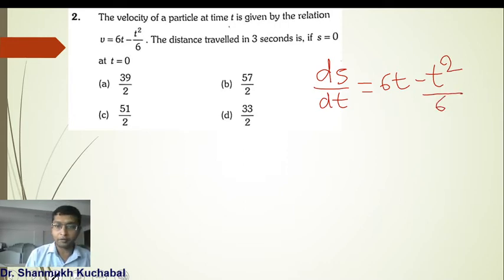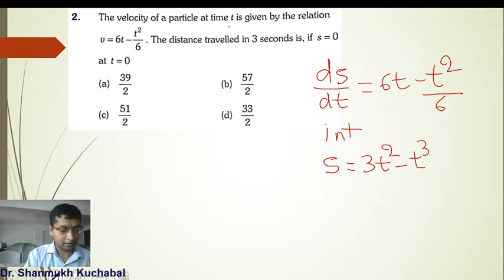Further we have to do integration. Integration of ds upon dt, we get s. Integration of 6t minus t square by 6, we get 3t square minus t cube divided by 18, and the constant of integration I take as c.